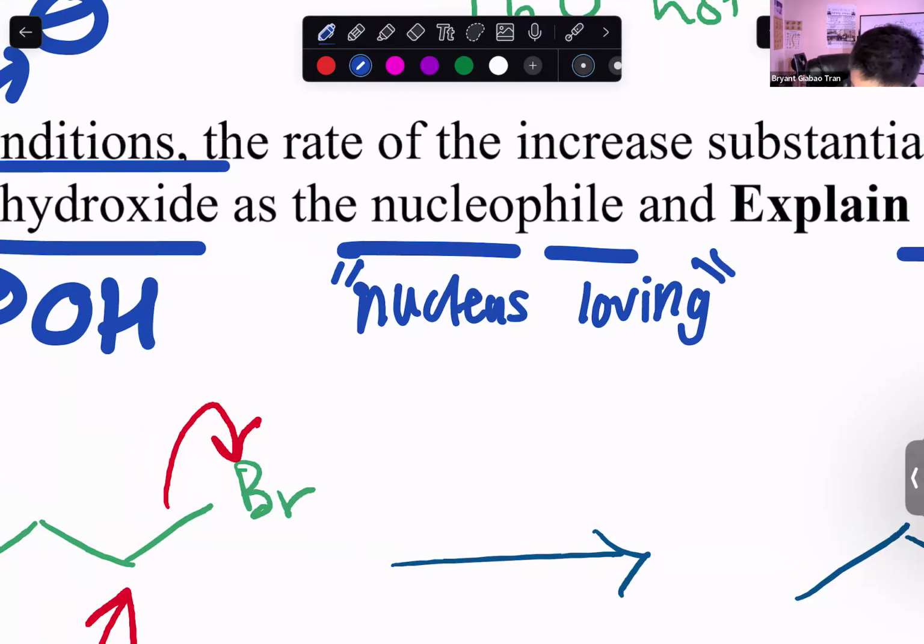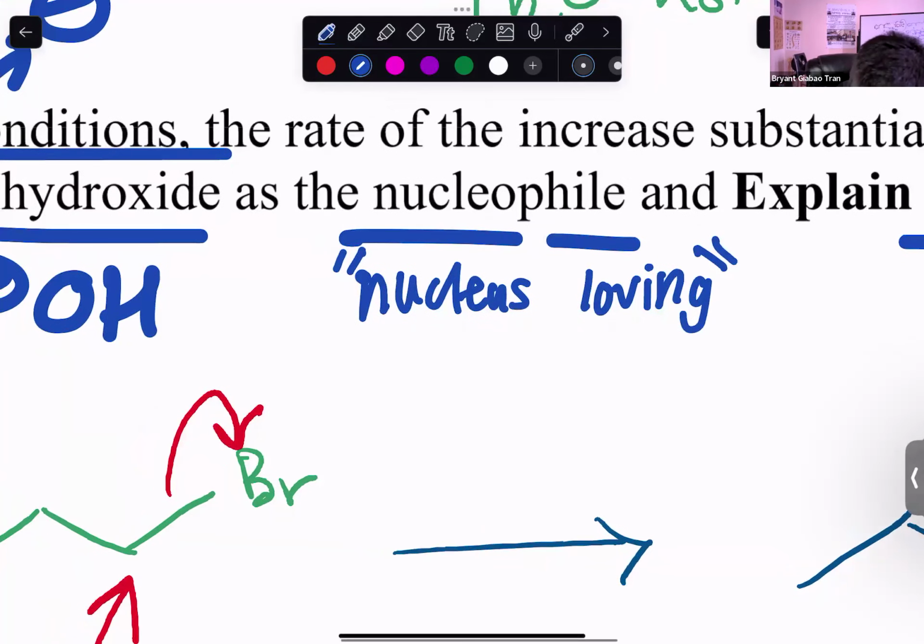And in Gen Chem, we talked about how the nucleus is composed of protons and neutrons, where overall the nucleus is positively charged because neutrons have no charge, they're neutral. Protons are positively charged, so if you add the net charge of a proton and neutron, it's positive. Nucleophiles love positive charges.